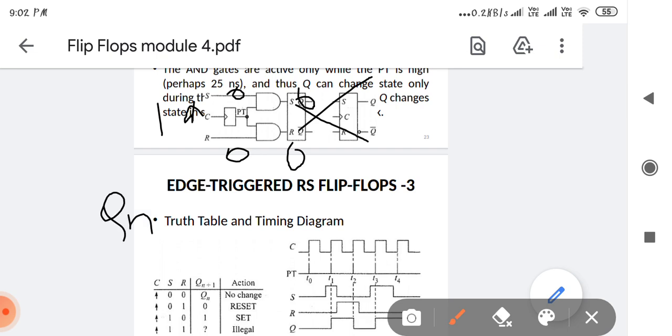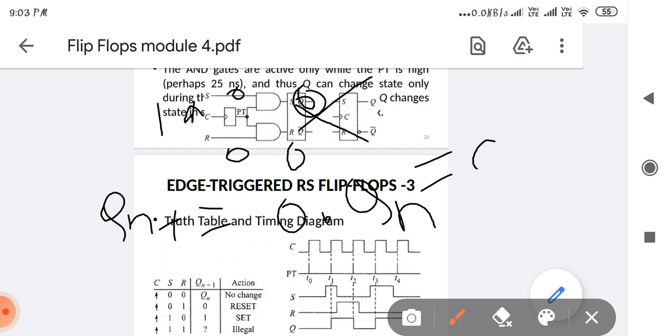Qn plus 1 equals, with S equal to 0, 0 AND, this is an AND gate. So Qn plus 1 is equal to Qn, equal to 0.